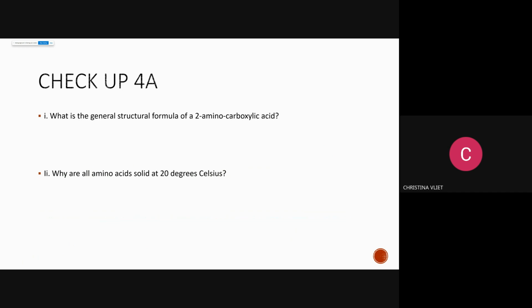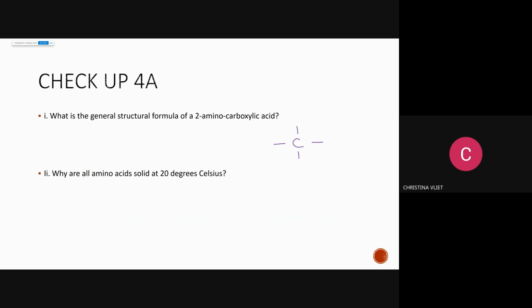What is the general structural formula of a 2-amino carboxylic acid? So this is just asking what is the general formula for an amino acid. What goes in the middle? A carbon. Carbon's always attached to 4 things. In an amino acid, 3 of those things are always the same, and 1 of them changes.